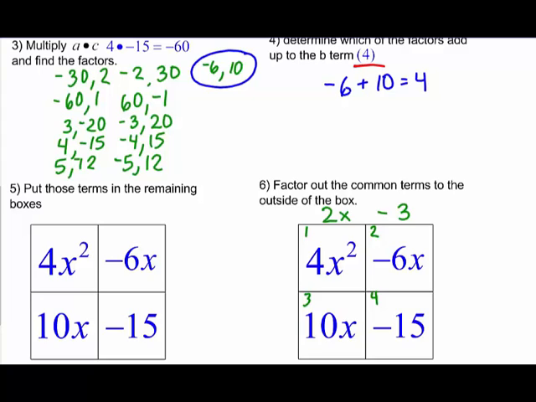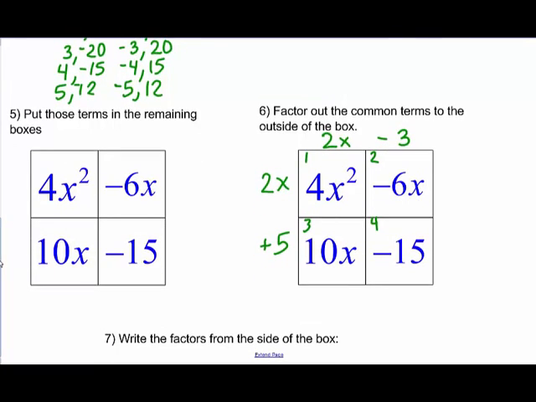Then I'm going to look at box 1 and 2. And I see that I could factor out a 2x there as well. Then I'm also going to look at boxes 3 and 4, and I see I could factor out a positive 5. So then, at the very end, you're going to write out your factors.